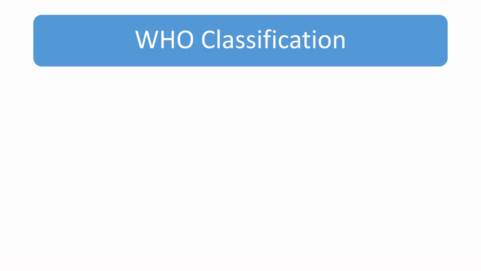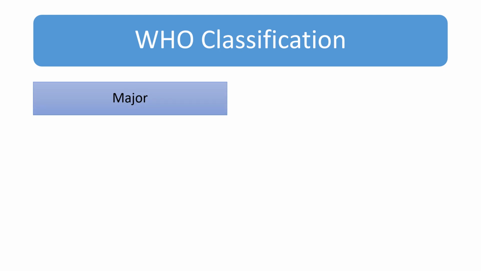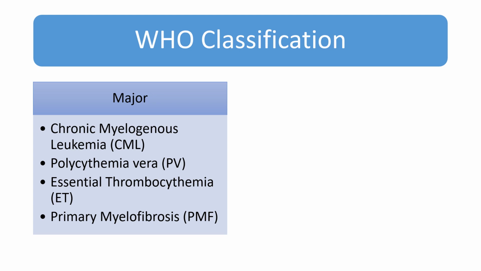The World Health Organization has classified MPNs into four predominant disorders. We have chronic myelogenous leukemia or CML, polycythemia vera or PV, essential thrombocythemia or ET, and primary myelofibrosis or PMF.